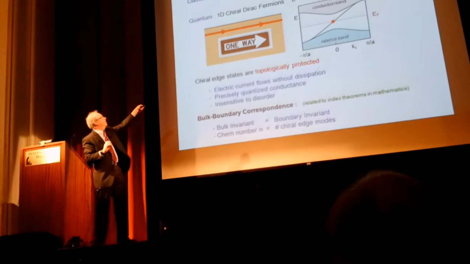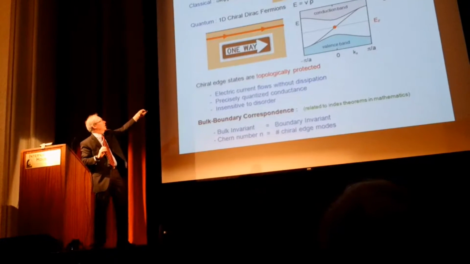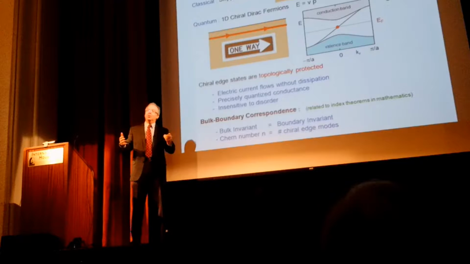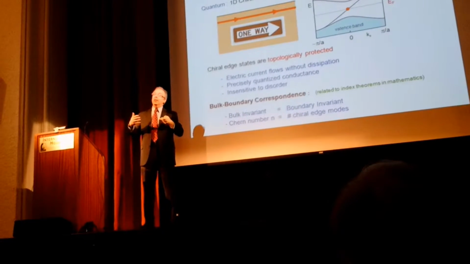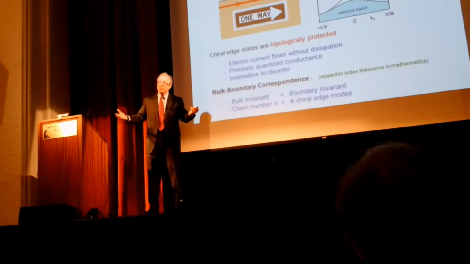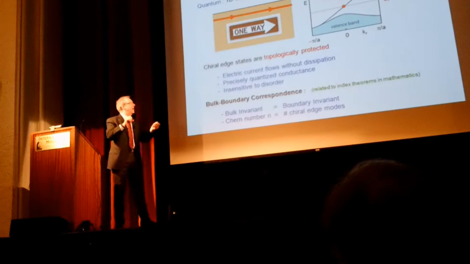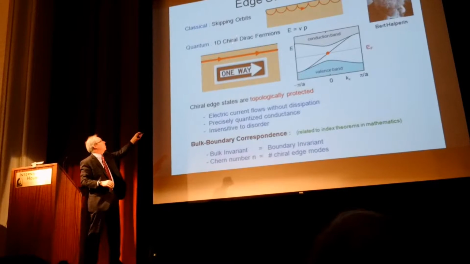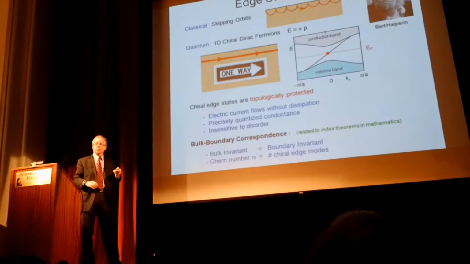Okay, and so classically we have this picture of the electron skipping along the edge. You can understand this kind of motion in the context of quantum mechanics as well. And in quantum mechanics, we give these edge states a fancy name. We call them one-dimensional chiral Dirac fermions. Okay?